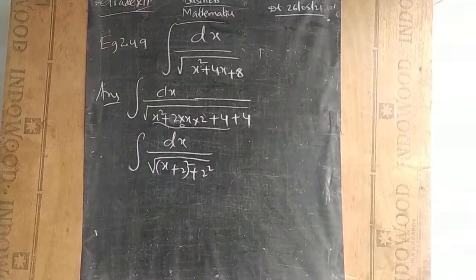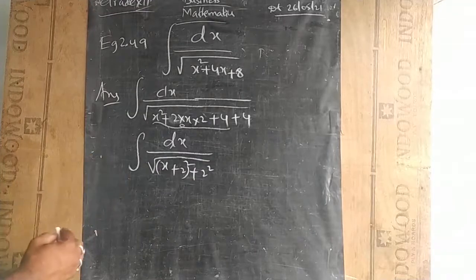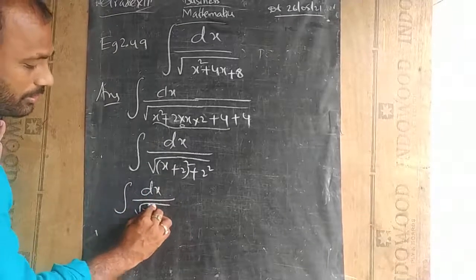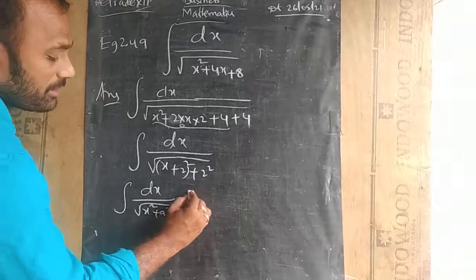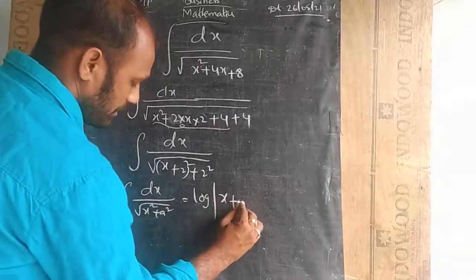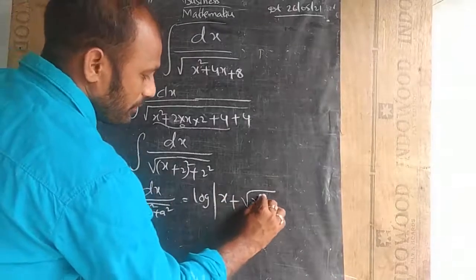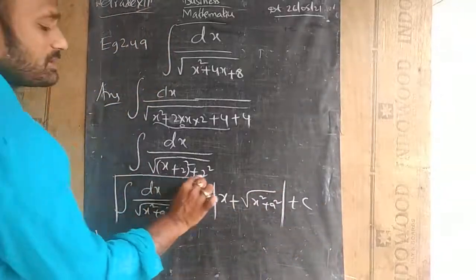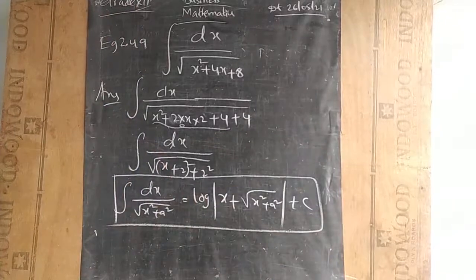So the formula we have to apply is the integral dx by root of x square plus a square, which can be written as log of x plus root of x square plus a square plus c. So let us apply this formula.